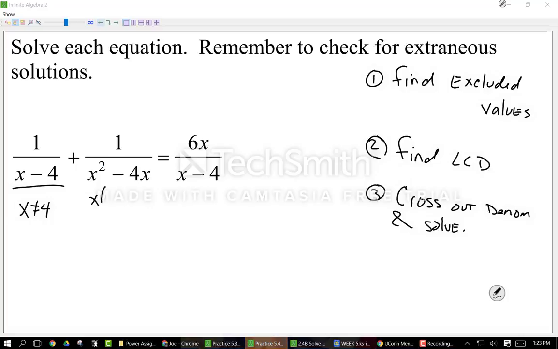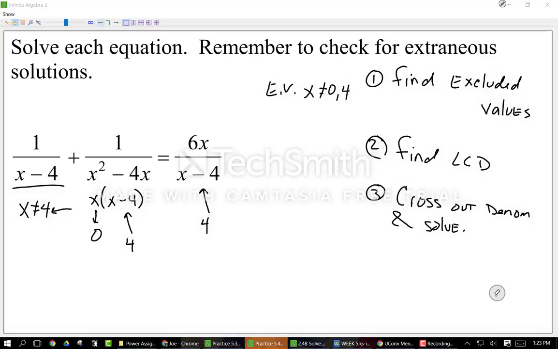This can be factored as x times x minus 4. This gives me a positive 4 from over here, but then this x gives me 0. And then this excluded value is 4. So I notice I have two excluded values again. In this case, x cannot be 0 or positive 4. So I found excluded values.